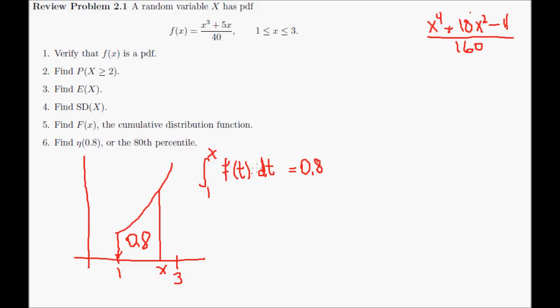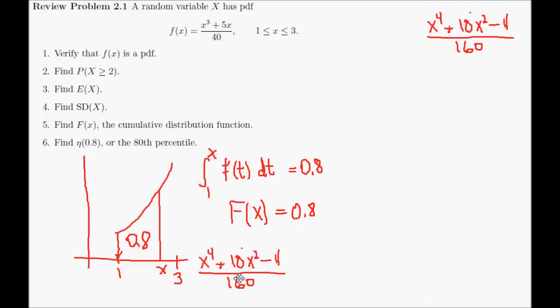The thing on the left-hand side, I can directly integrate this. That would work. However, I already did this for part number 5. That is the cumulative distribution function, or CDF, capital F of x. And so that is exactly what we just did over here.